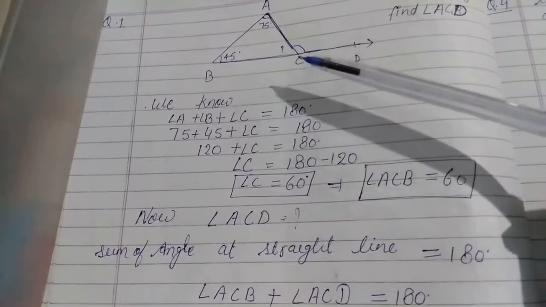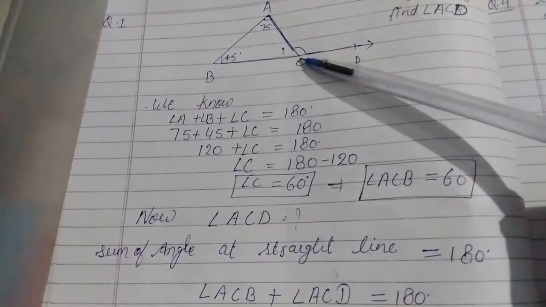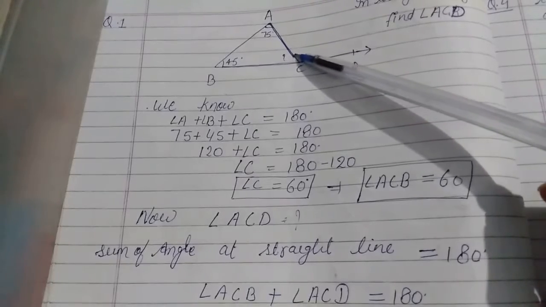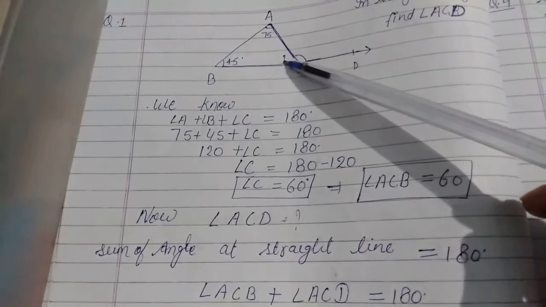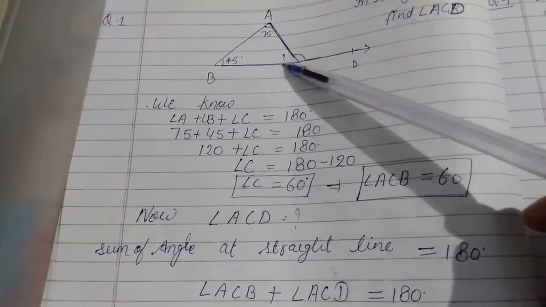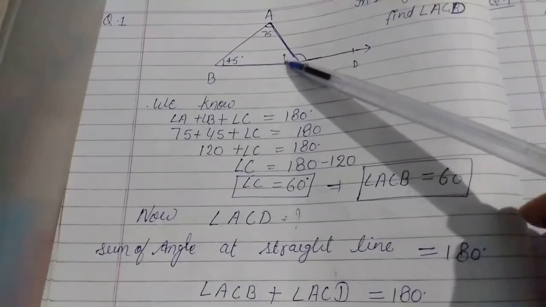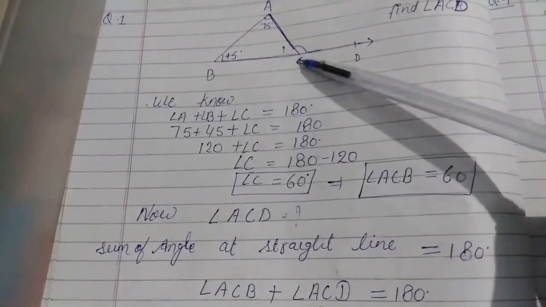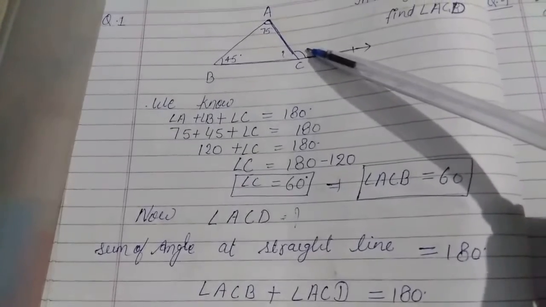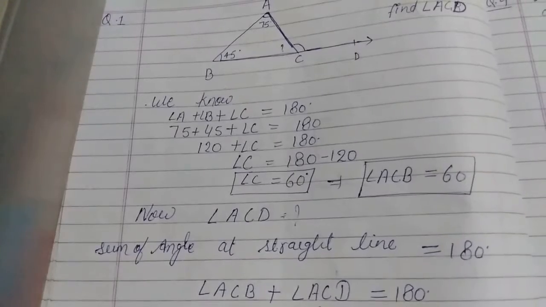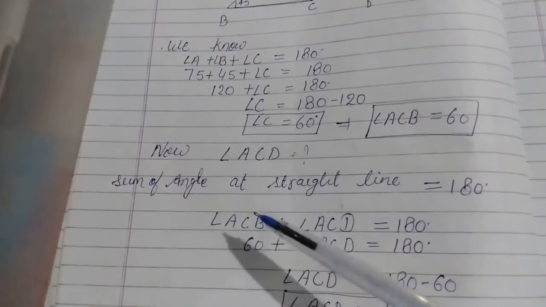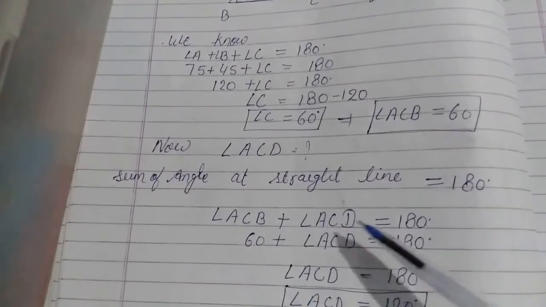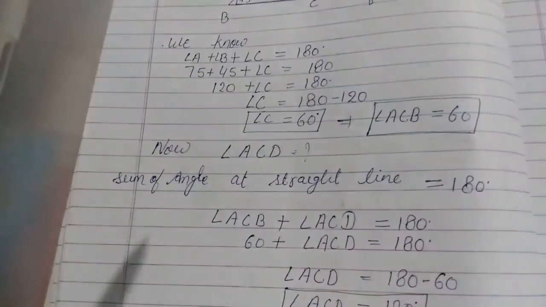Okay. Now again we know that the sum of angles on any straight line is always equal to 180 degrees. That means the sum of the angles here will be 180 degrees. Now we consider the 180 degree sum of this and this. That means angle ACB plus angle ACD is equal to 180 degrees.